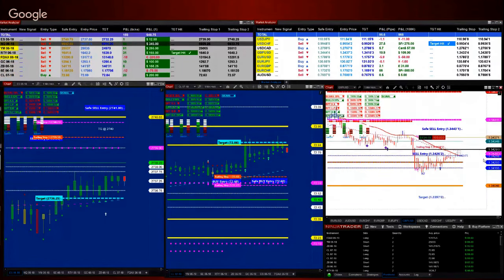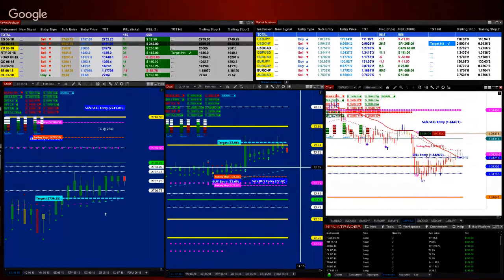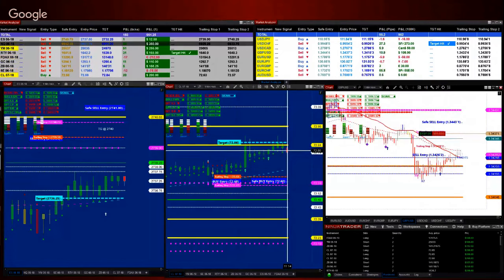What is the target? The target is all the way down here, 397 even. Look what happened to the CL, folks. Nothing happened after the target. Nothing. Nothing.